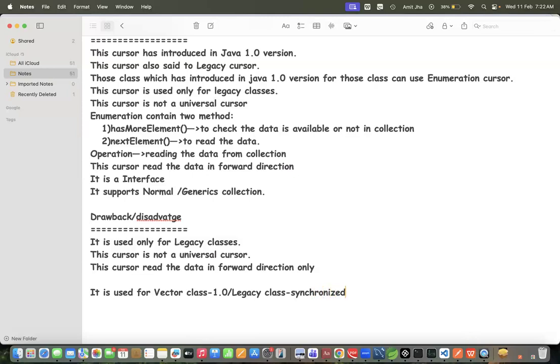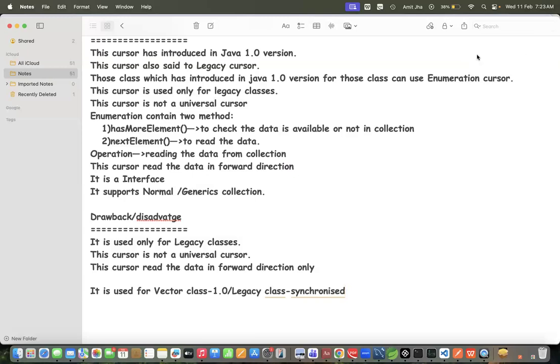Are you getting it? I think you will get more clarity if you concentrate effectively. So by default this class is synchronized. Only that is the difference; apart from that everything is the same. Any question?